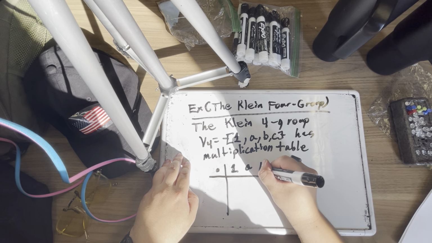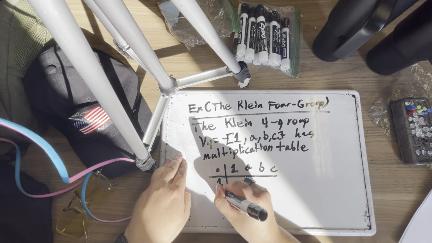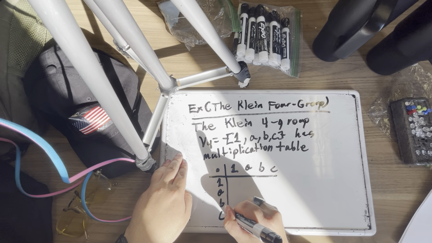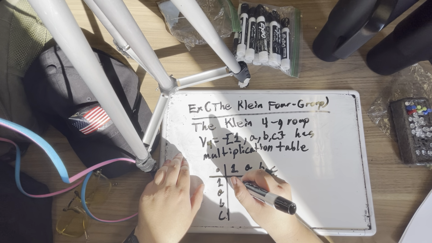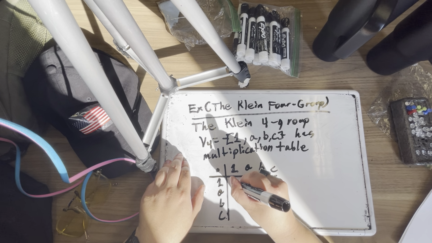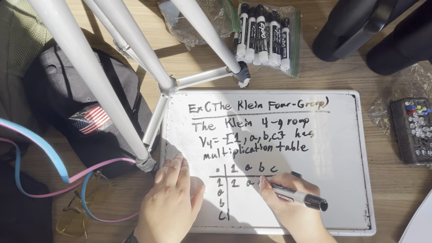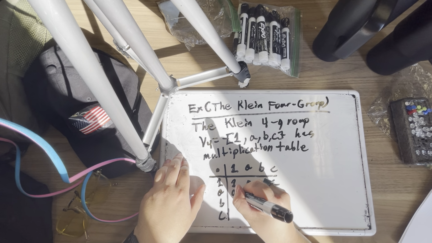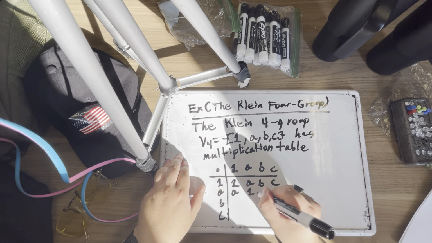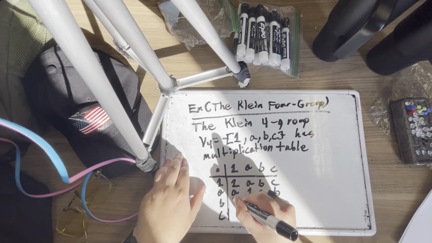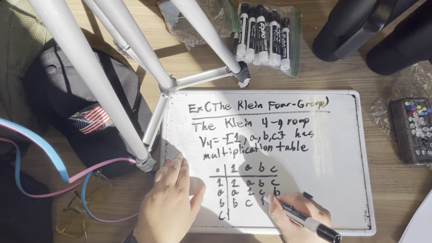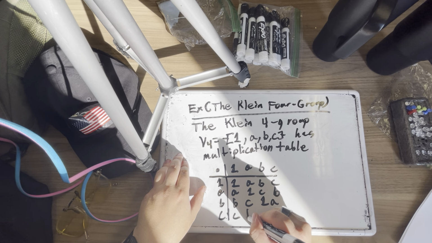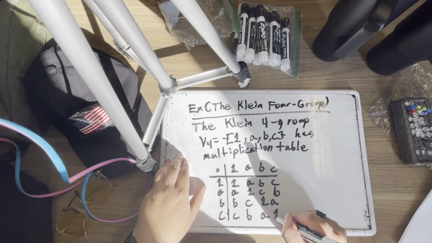We have 1, A, B, C, across the top and down the side, top to bottom, left to right. 1, A, B, C, that's pretty self-evident, but then we have A, 1, C, B, then we have B, C, 1, A, then we have C, B, A, 1. Okay.